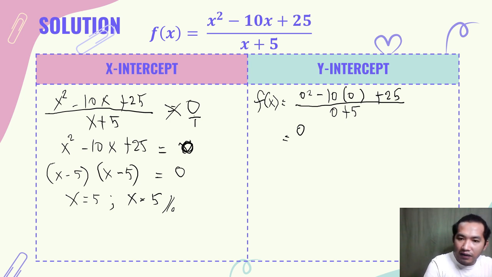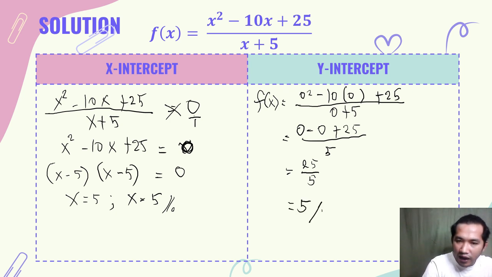Negative 10 multiplied by 0 is 0, plus 25. 0 plus 5 will give us a value of 5. Simplifying it, we will have 25 over 5. And then 25 divided by 5 is equal to 5. And that is our y-intercept.